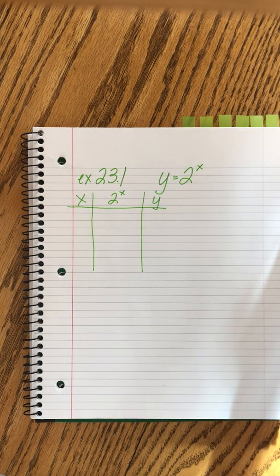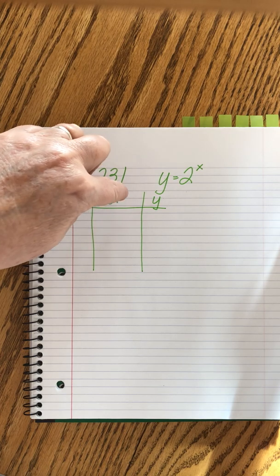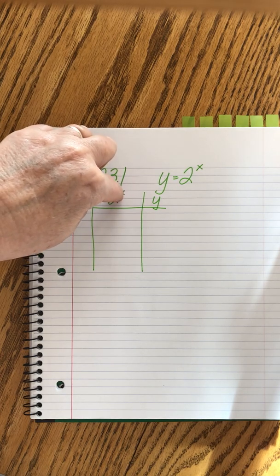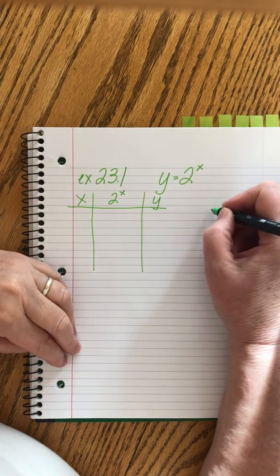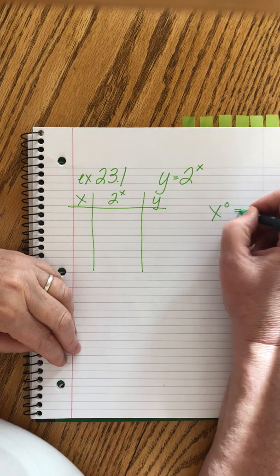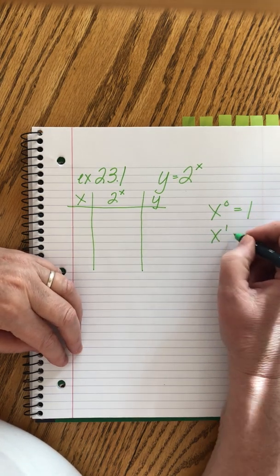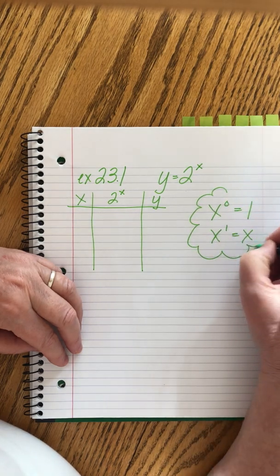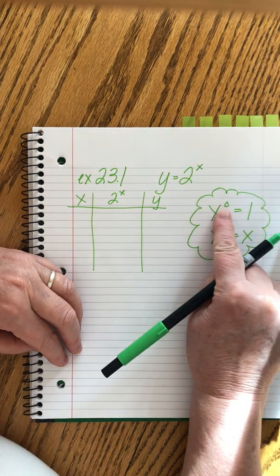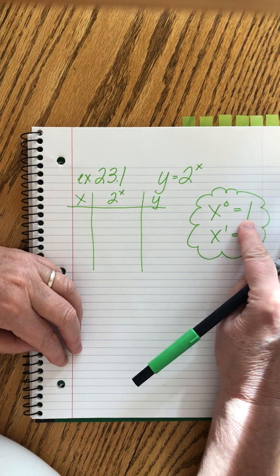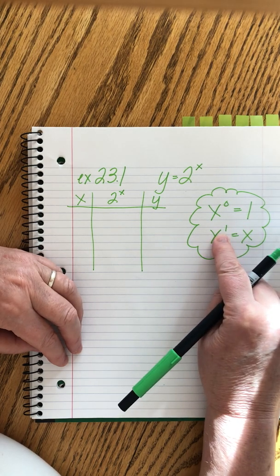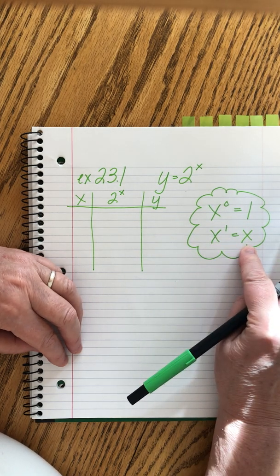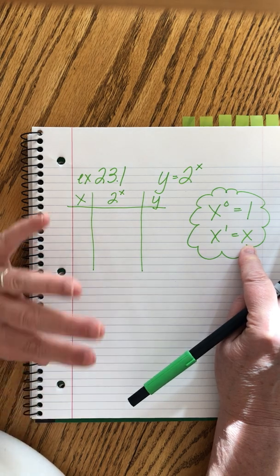Okay, so whenever I see an exponent like that, I think about two things. I think that if you put the exponent of 0 on, you're going to get an automatic answer. And if you put the exponent of 1 on, you're going to get an automatic easy answer. So let's try that.